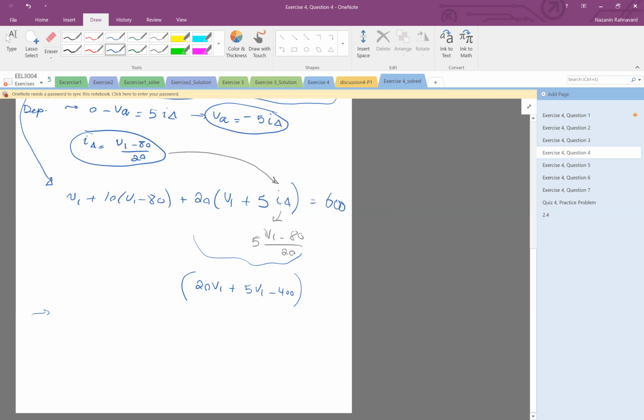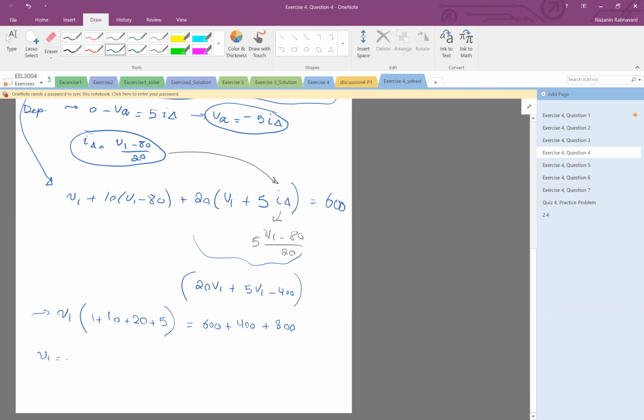So yeah, V1, 10 V1, 20 V1, and then 5 V1. V1 times 1 plus 10 plus 20 plus 5. It's all V1 equals to the other side. We have 600, and then you have a 400, and then you have a minus 800, which goes there.